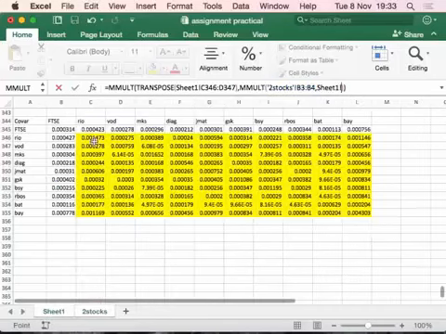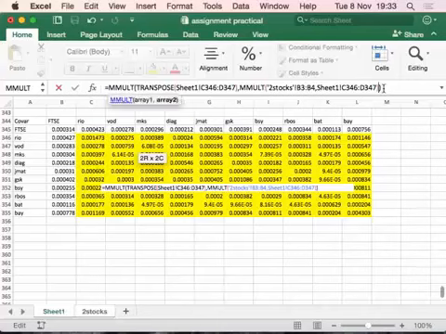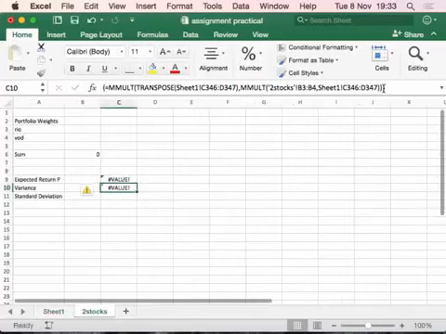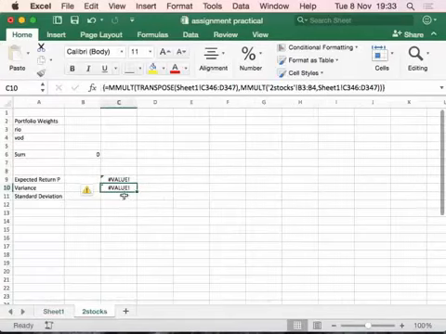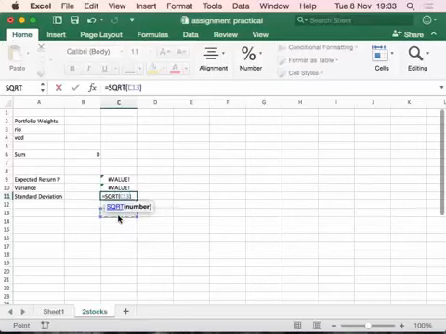So go back and highlight this again. I guess I have all the brackets right. So Control Shift Enter. It's value. Now the standard deviation is the square root of all this.